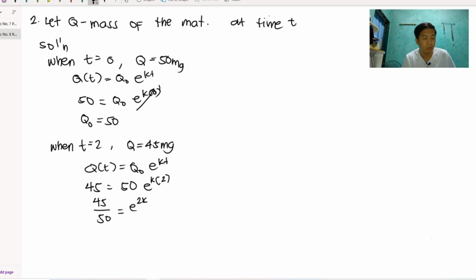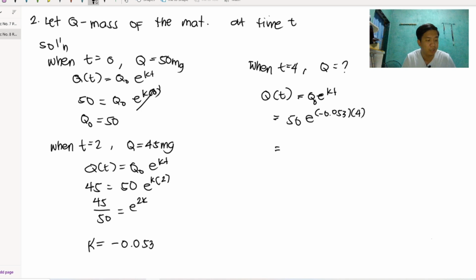Okay, so our Q sub O here is 50. Our K is negative 0.053 times the time is 4. So our final answer here will be 40.5 mg.